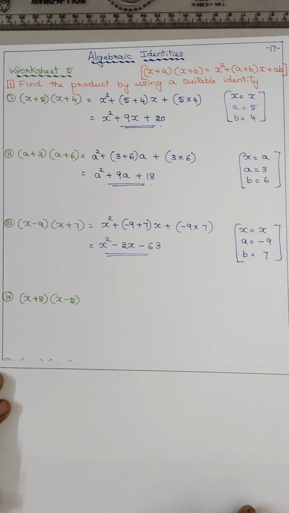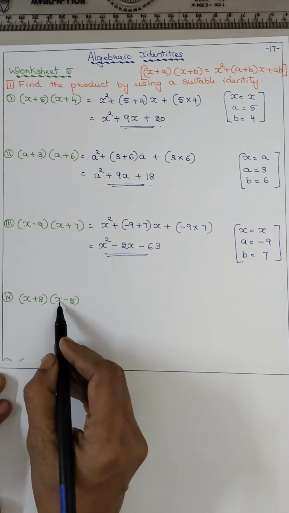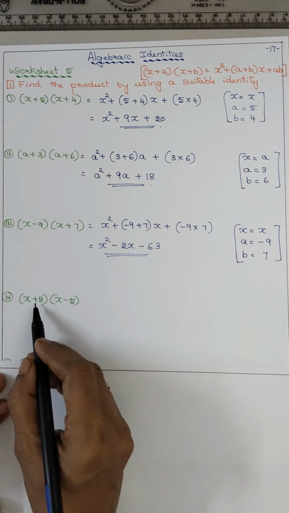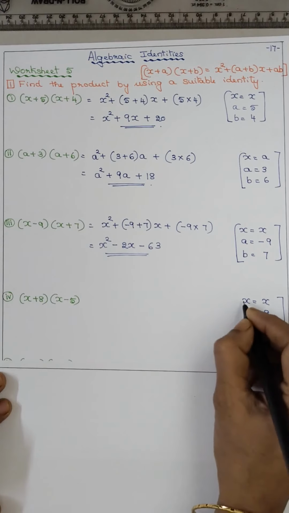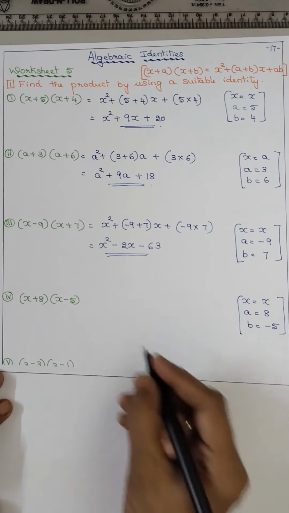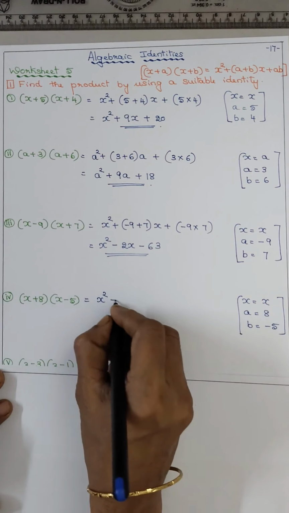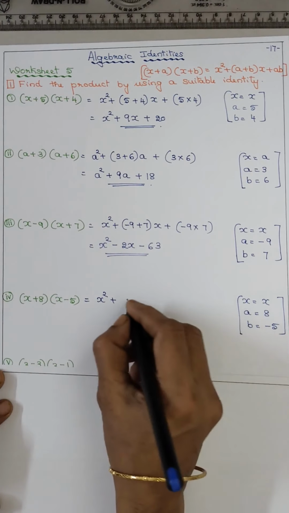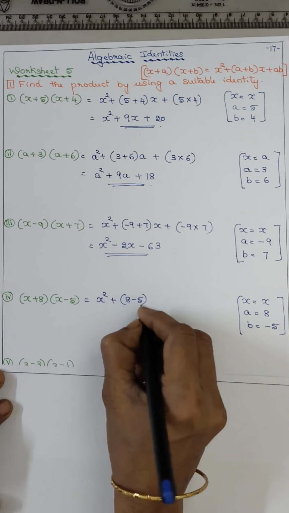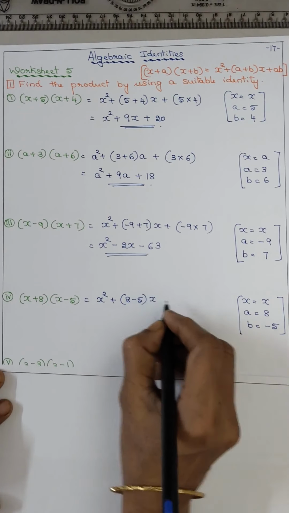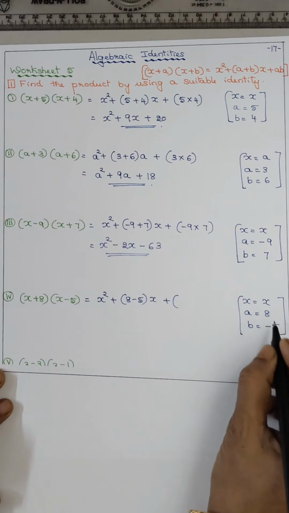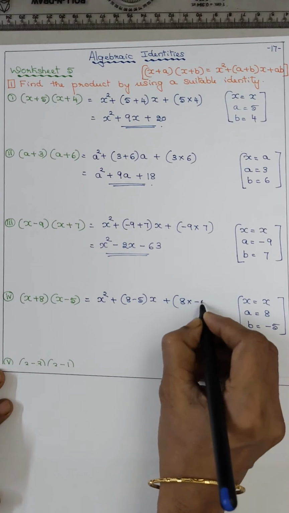Now coming to the fourth sum, first terms are same, second terms are different. x is equal to x, a is equal to 8, b is equal to minus 5. x², write x² as it is, plus (a + b), 8 minus 5, into x, plus ab, 8 into minus 5.